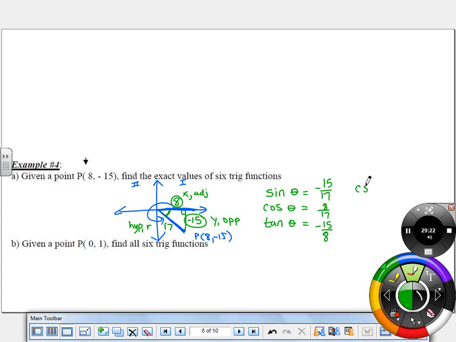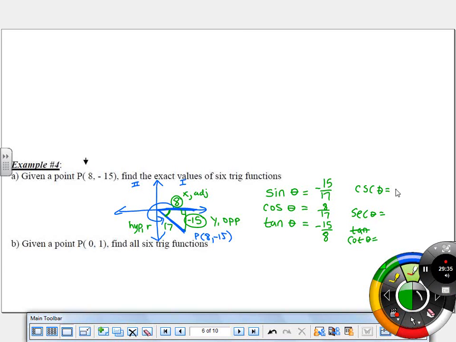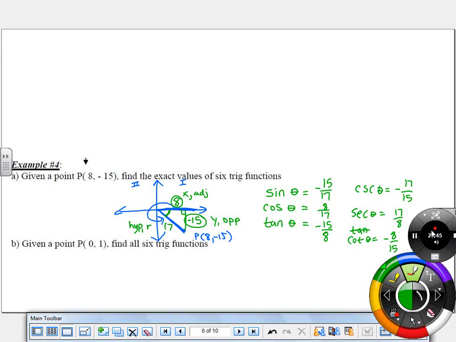And then you can find your cosecant, your secant, and your cotangent just by taking the reciprocals of all of those. Remember, reciprocal keeps the same sign, it just changes our numerator and denominator.